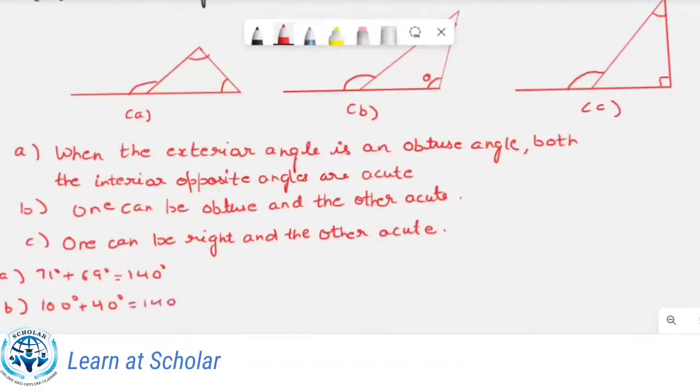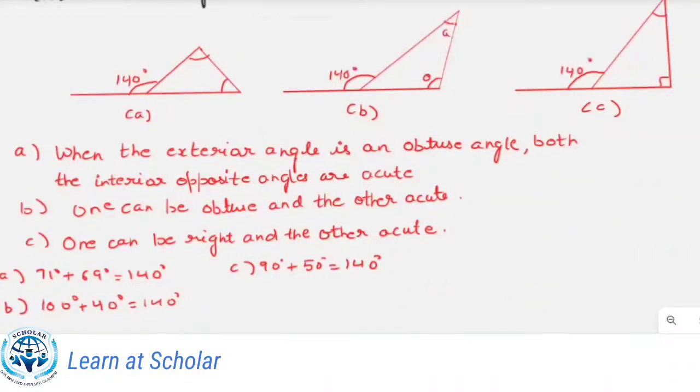Another one obtuse, one acute, they can also sum up to 140 degree, which is an obtuse angle, exterior angle. The third one is right angle 90, another is 50 degree. They also sum up to 140 degree. If we assume that the exterior angle is 140 degree, because it is an obtuse angle, it can be 100, 110, 120 and so on. We have assumed it to be 140 degree.